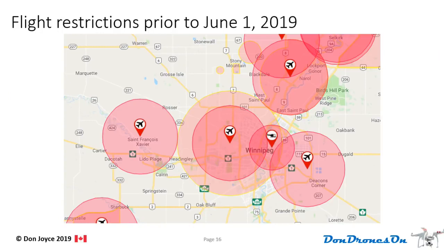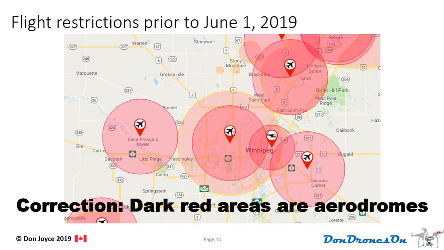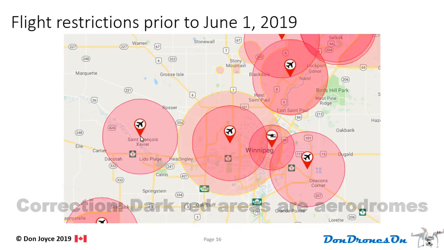Now, I kind of regret using this example because it turned out to be pretty complicated. But this is an image that I snapped out of the UAV site selection guide website. The red areas, and this is for prior to June 1st, the darker red areas are airports and heliports. So you have to stay 5 nautical miles away from the centers.